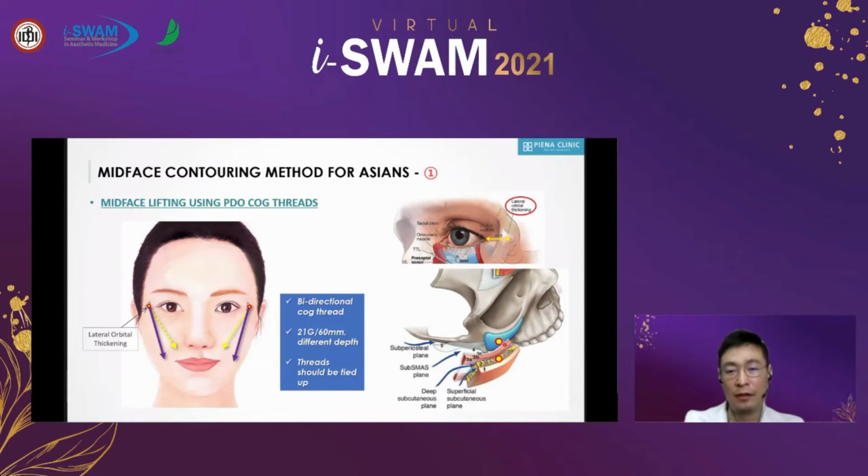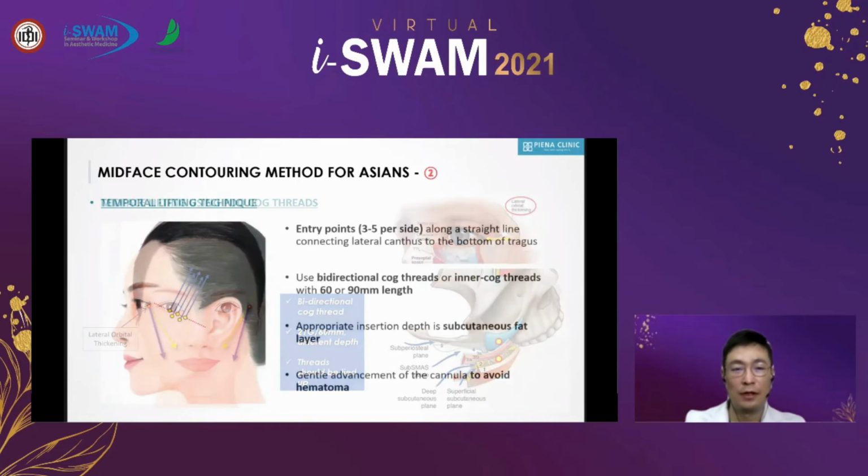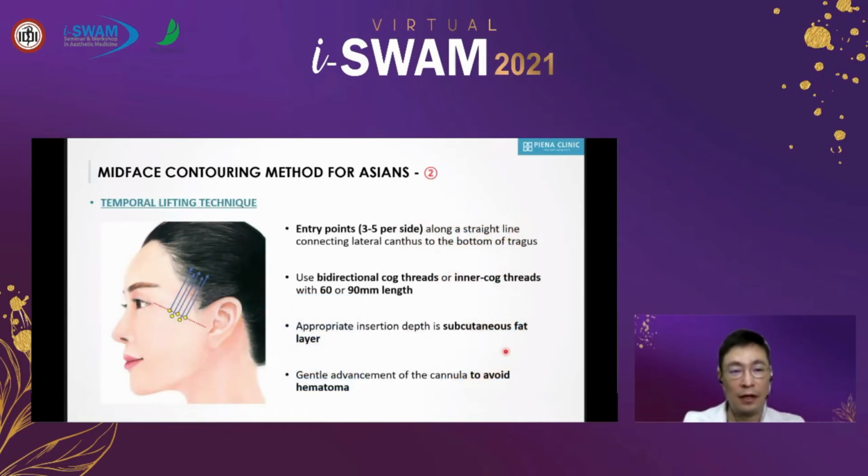This time I can advance my thread deeper than the SMAS. And then there will be an effect of pinching the SMAS, like this, after tying 2 knots. So maybe next time, if I have an opportunity to speak, I will select this topic for you.